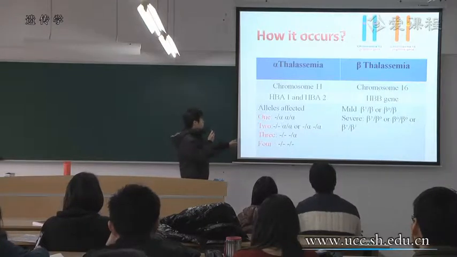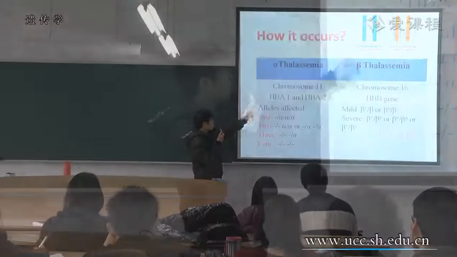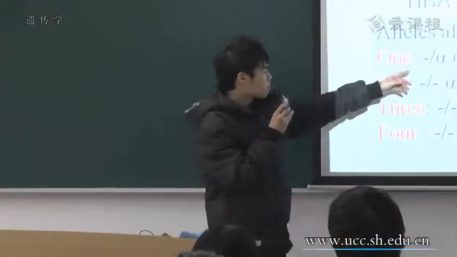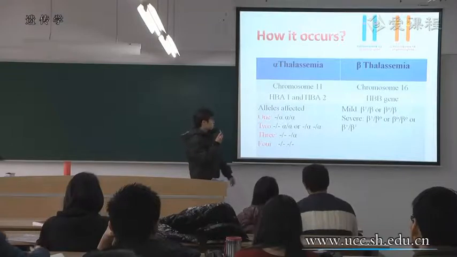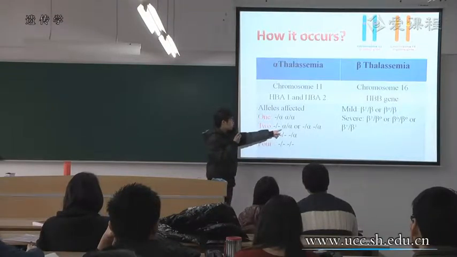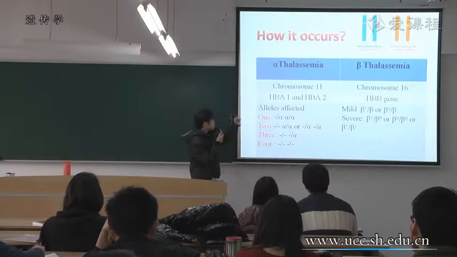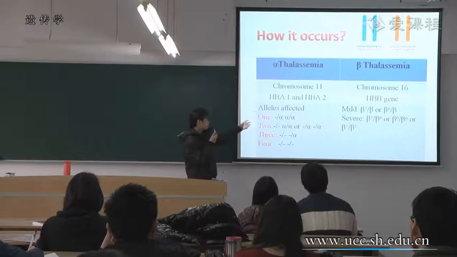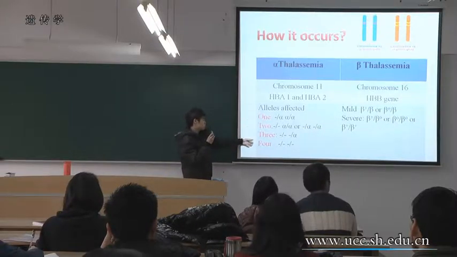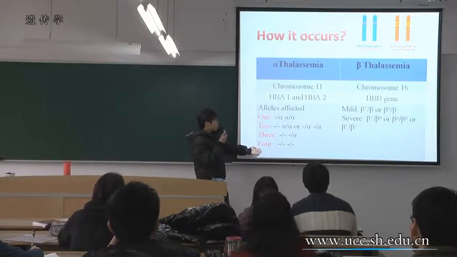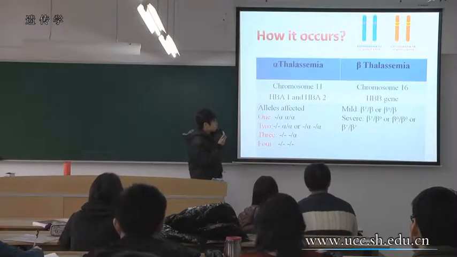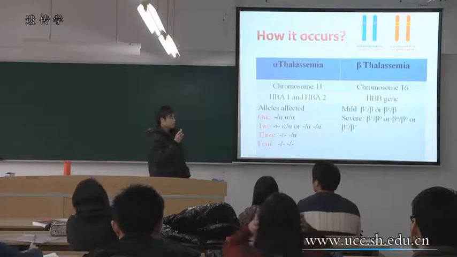For the alleles affected in alpha thalassemia, the minus means a deleted alpha globin gene, and this is the normal one. Because there are 4 loci on chromosome 16, 1, 2, 3, or 4 loci can be missing or deleted. If all 4 alleles are deleted on chromosome 16, that means thalassemia major.